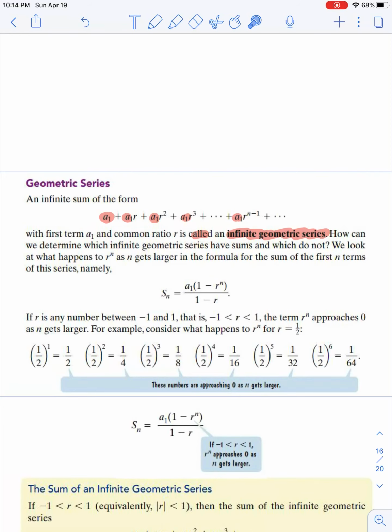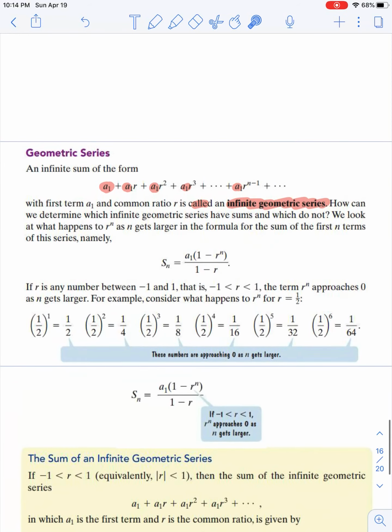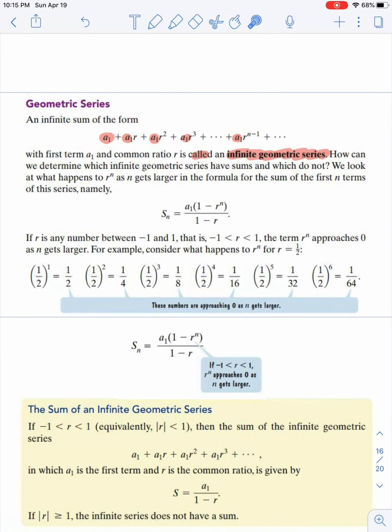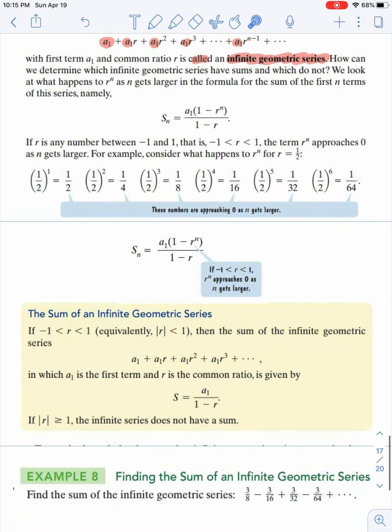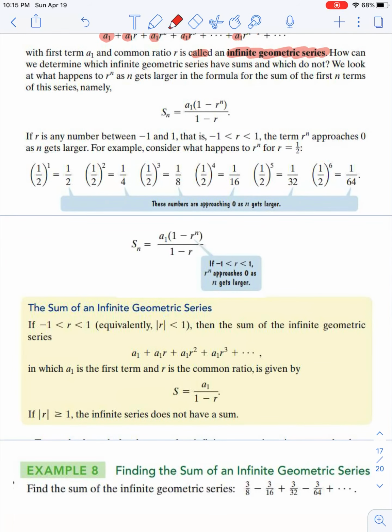With these kinds of problems, if we have an r value that's less than 1 and greater than -1, then we're going to be able to find our sum. So if r is between -1 and 1, or equivalently the absolute value of r is less than 1, then we can find the sum denoted by this formula.